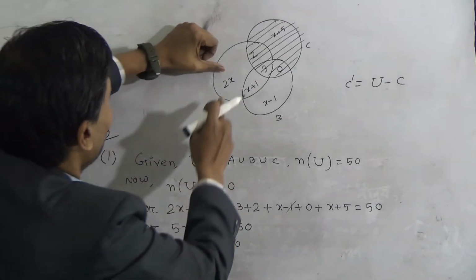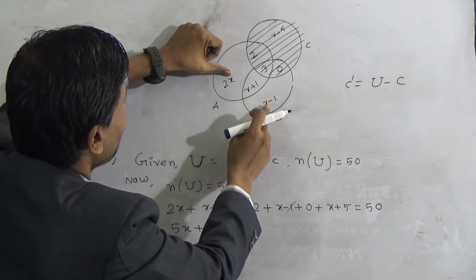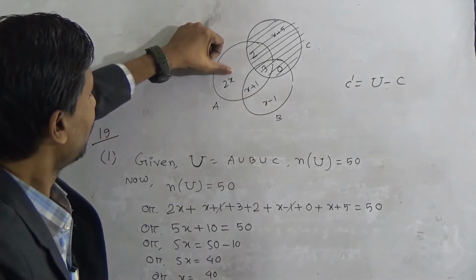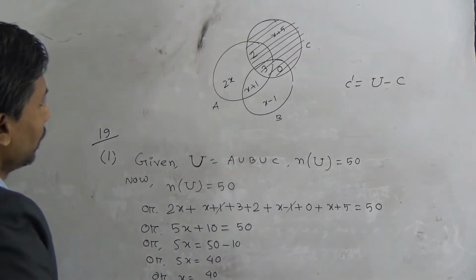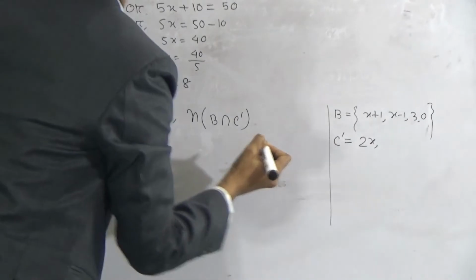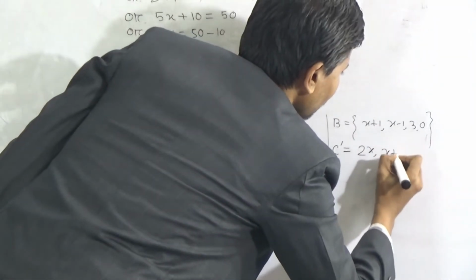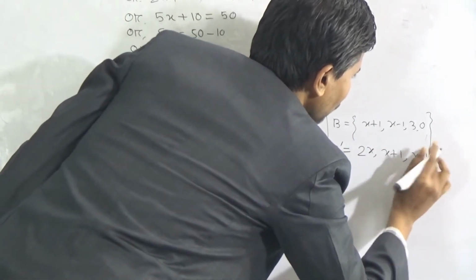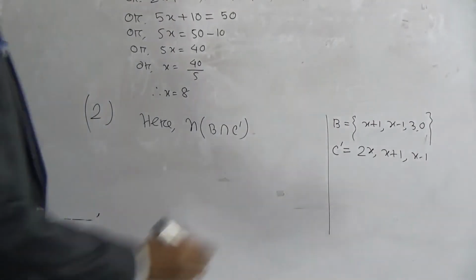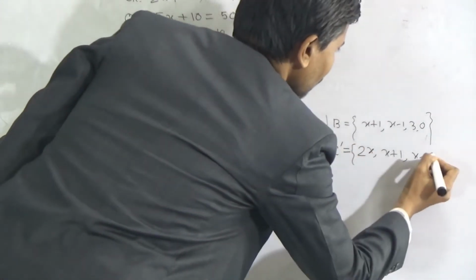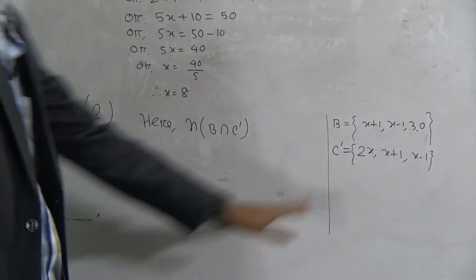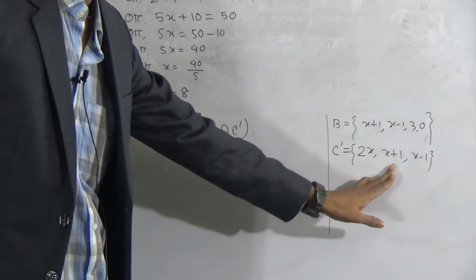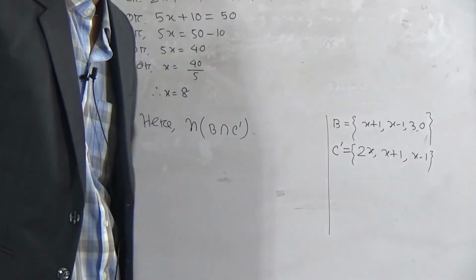Remaining elements are 2x, x plus 1 and x minus 1. C complement equal to 2x, x plus 1, x minus 1.